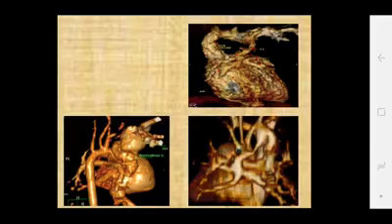These are some images of different patients. In the left corner, this one, there are the four pulmonary veins forming a sac behind the heart, and there is an ascending vertical vein which is obstructed in its middle part because it is compressed between the left bronchus and the right bronchus and right pulmonary artery.